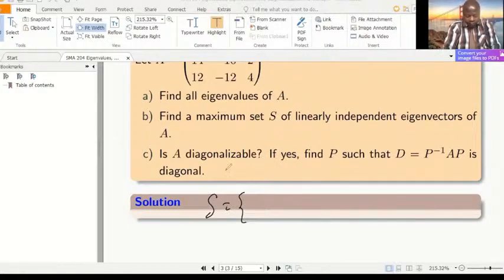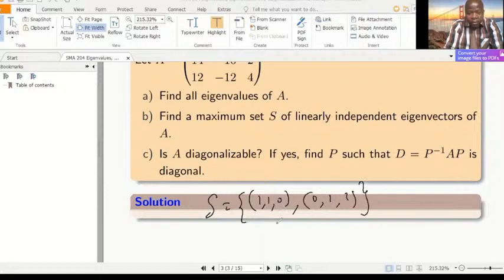We found the first eigenvector was 1, 1, 0. And then the other one was 0, 1, 1. So these were the eigenvectors, and therefore this is the set S. That is the part that we had omitted. But the rest we've already answered, and that is how we do this question.